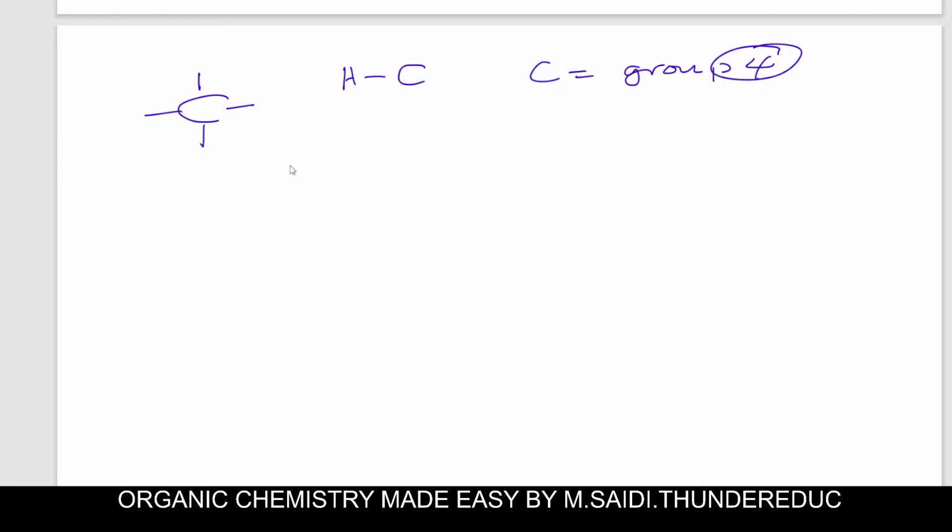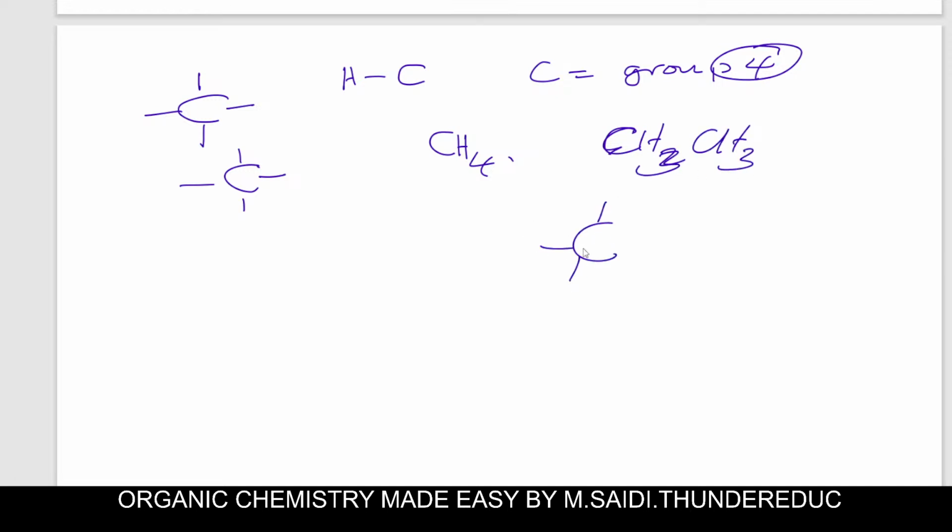For example, if you're writing methane, it's going to be CH4. So it means that there are 4. When you are writing ethane, it's going to be CH3, so that if you draw, it's going to be like that. So that 1, 2, 3, 4, 1, 2, 3, 4.